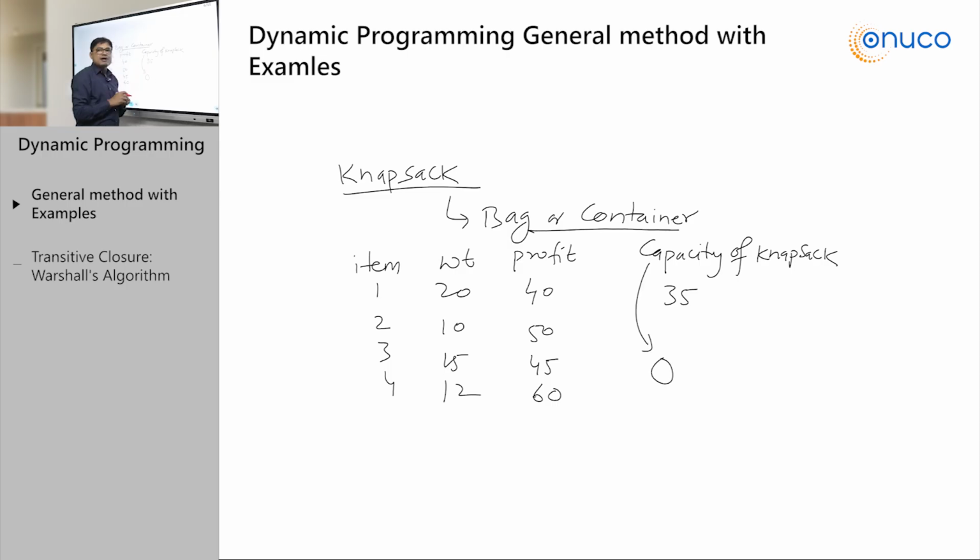If the capacity of the bag is 0, it is an open bag, say a paper bag, right? We are not in a position to keep any item in that. Hence, what will be the profit? Profit will be 0. If the capacity of the knapsack is 0, then in this case, profit will be 0, right?